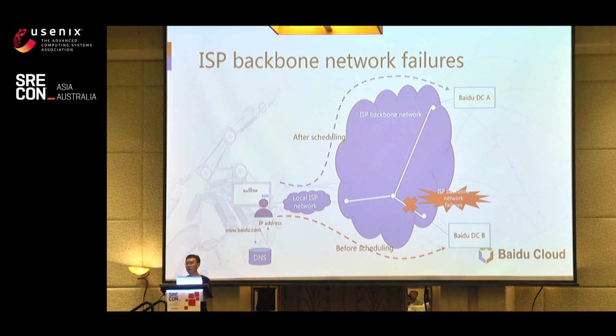When the ISP backbone network links between Central China and East China have failures, we need to schedule the users' requests from Central China to North China or South China. In this way, users can access our service normally.